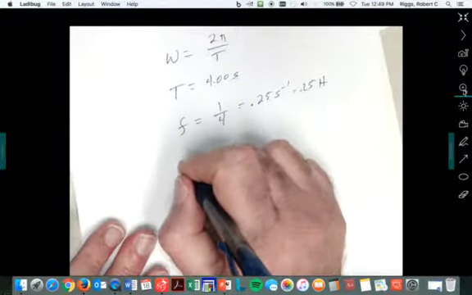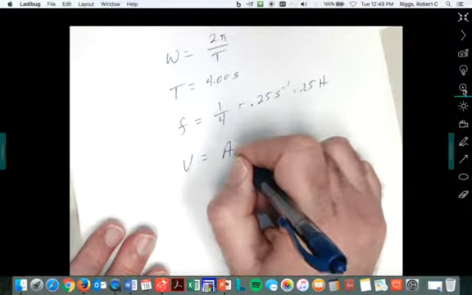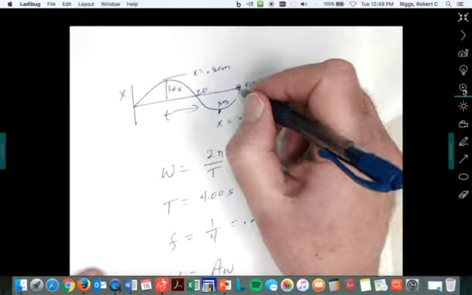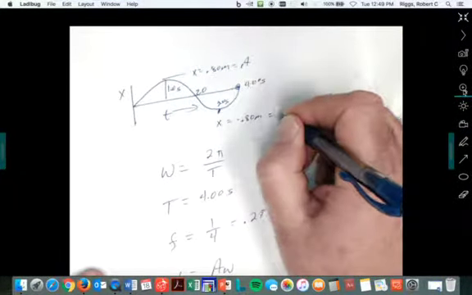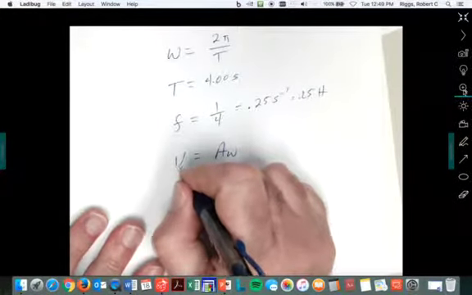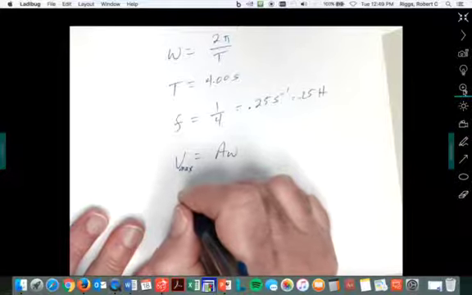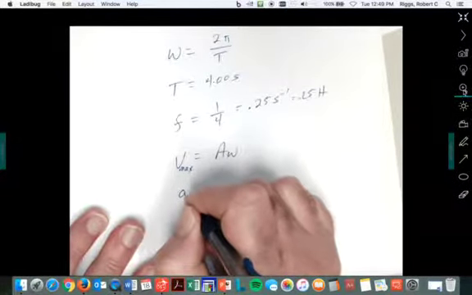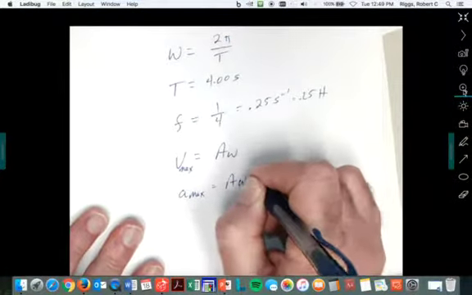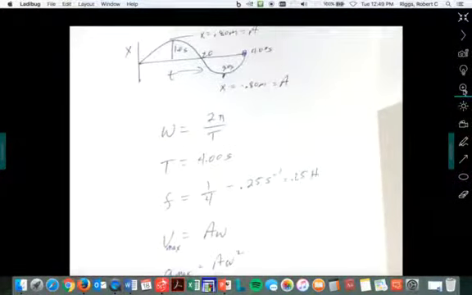The max velocity is equal to A times omega, and the max acceleration is equal to A times omega squared.